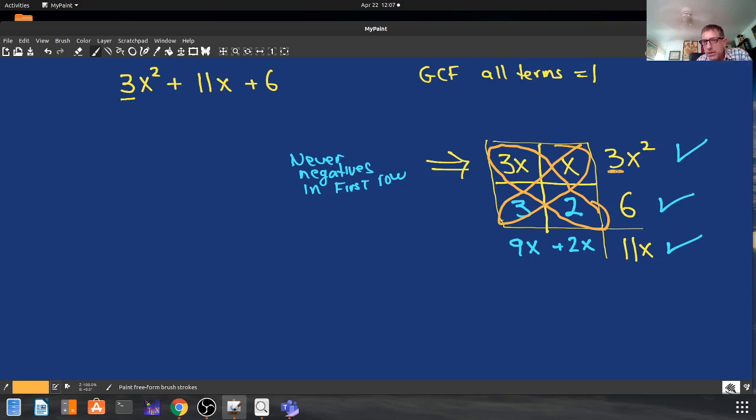That will always be the case when the leading term is not prime. But many times the leading term is prime. So that's what makes this really, really nice. So this is equal to 3x plus 2, 3x plus 2, and then x plus 3.